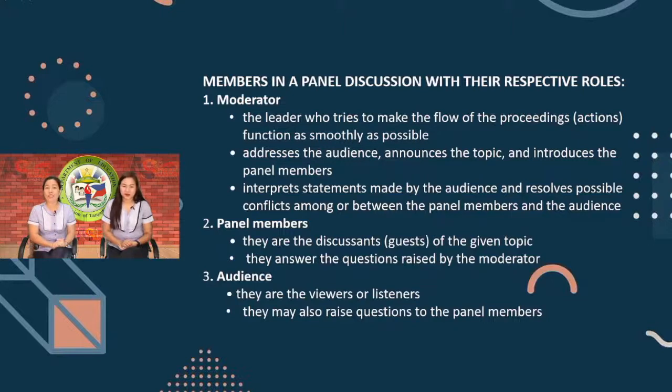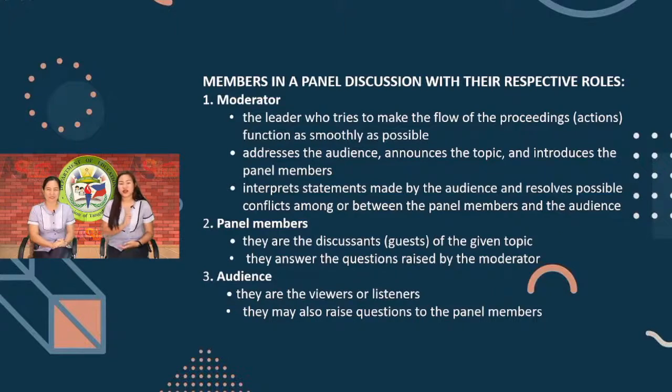He or she is the leader who tries to make the flow of the proceedings function as smoothly as possible. He or she addresses the audience, announces the topic, and introduces the panel members. He or she also interprets statements made by the audience and resolves possible conflicts among or between the panel members and the audience.